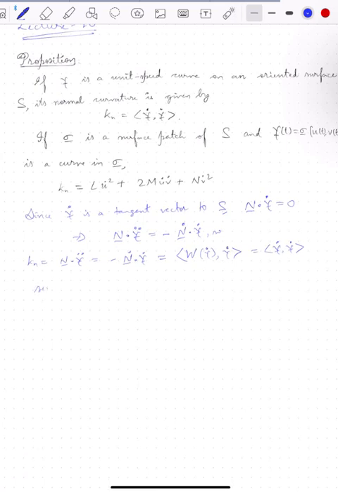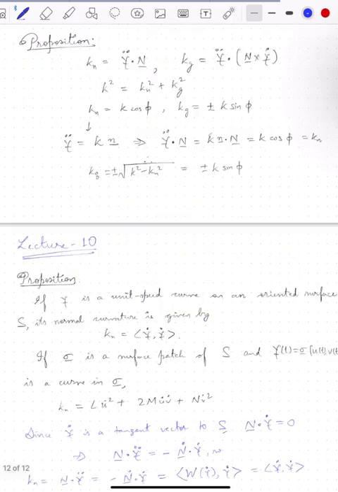Now this follows from the fact that n vector dot is equal to the derivative of the Gauss map, which is equal to minus of W of gamma dot. Right.